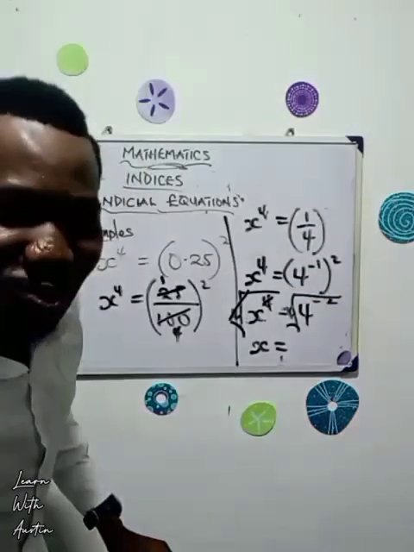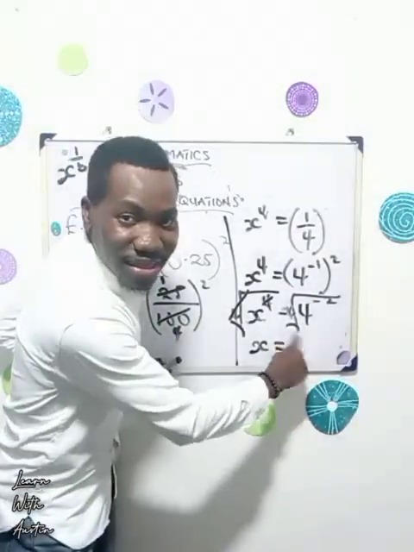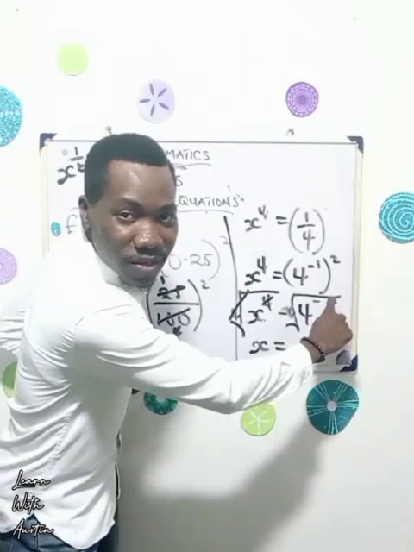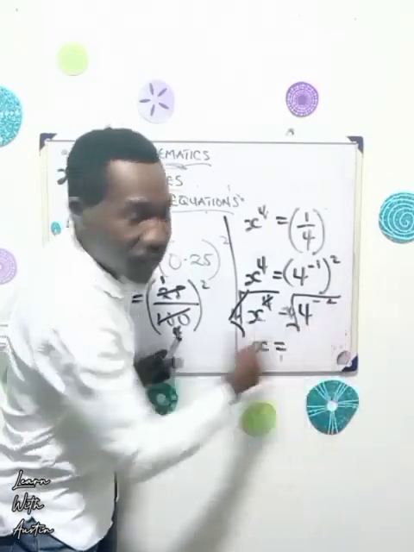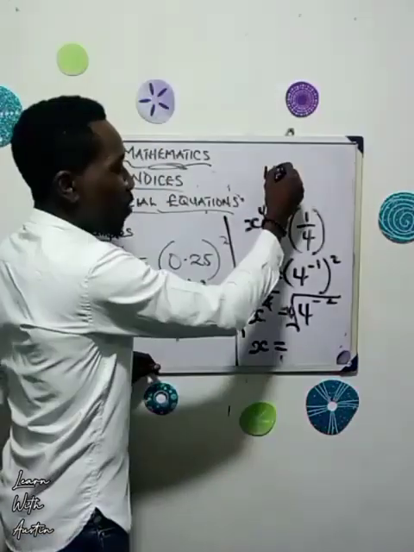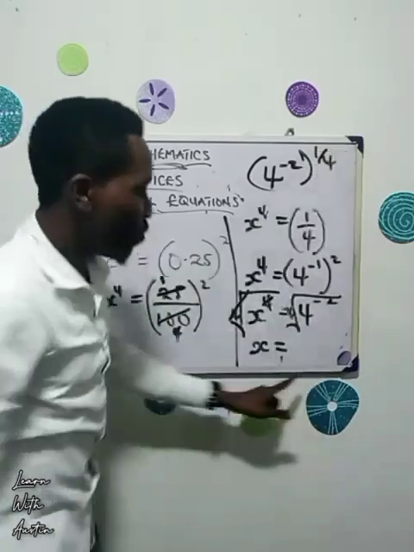So now what we are going to do is to express this in index form. This fourth root of 4, we want to express it as index form. So 4 raised to the power of minus 2, raised to the power of 1 over 4. That's what this will give us.